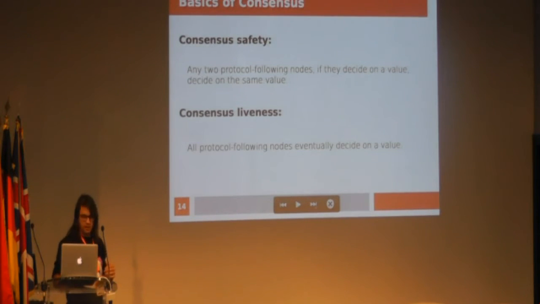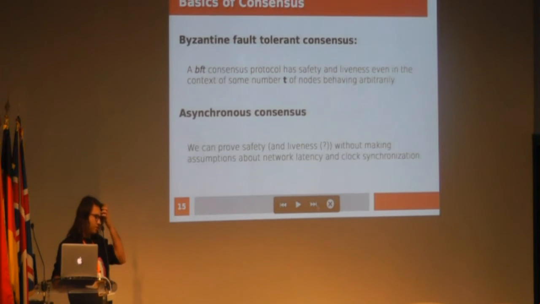And then we have a couple more basic concepts in consensus. One of them is Byzantine fault tolerance. The idea is that your consensus protocol is Byzantine fault tolerant if you can show that it's safe and live under some assumption about the number of nodes that are faulty. Namely, you say there are T faulty nodes, and then you try to show that your protocol has the safety and liveness properties under that assumption.